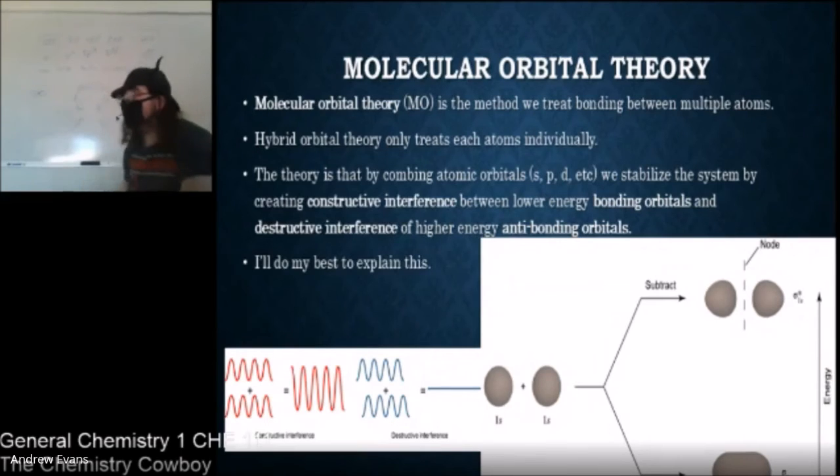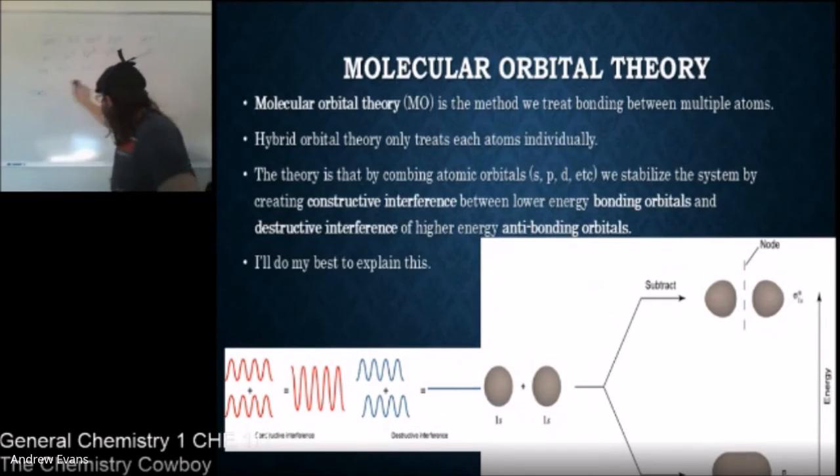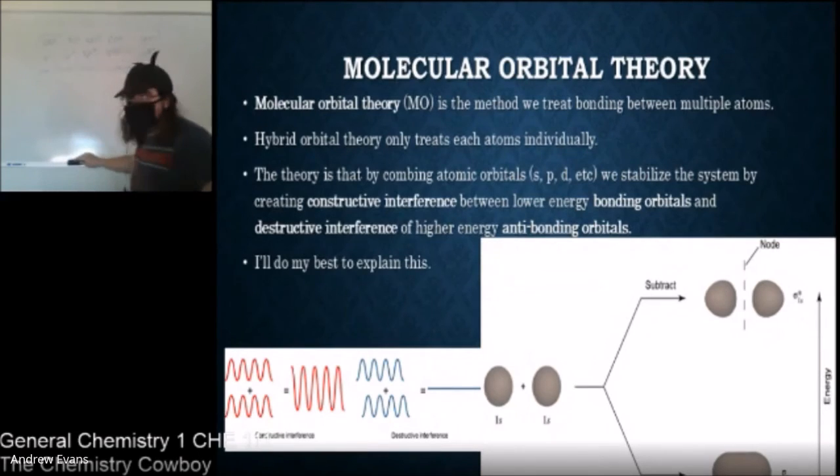Every bond in addition to the first, in excess of the first bond, will be a pi bond. Sigma bonds are localized into one spot. Pi bonds are delocalized and capable of resonance structures. So that's a big thing.